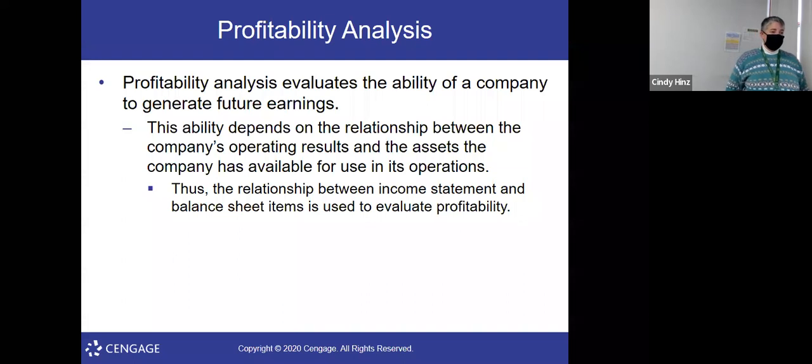So the liquidity question of can we pay our short-term bills is based on cash, but the profitability is looking at what's on our income statement. Profitability then speaks to, is this company viable for the long term? Not only do we have to be able to pay our bills in the short term, we need to be making money at what we do to run our business.